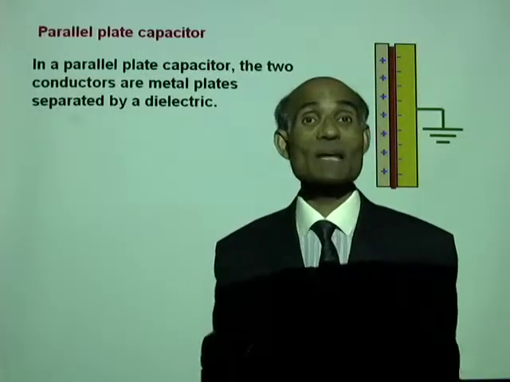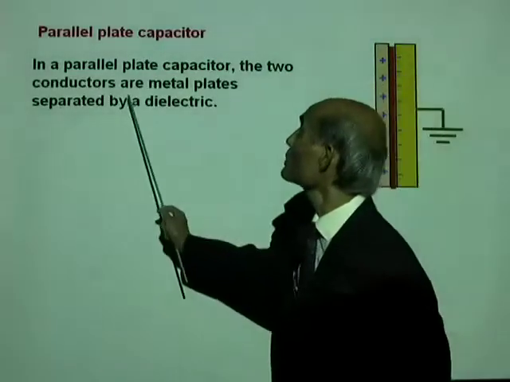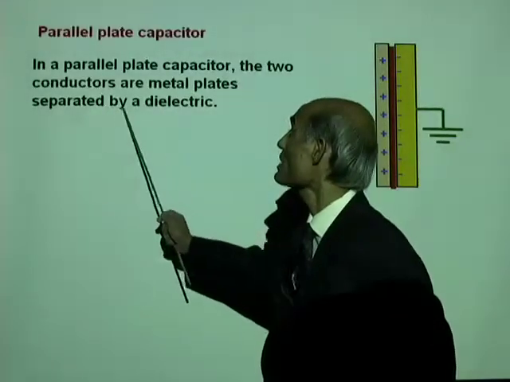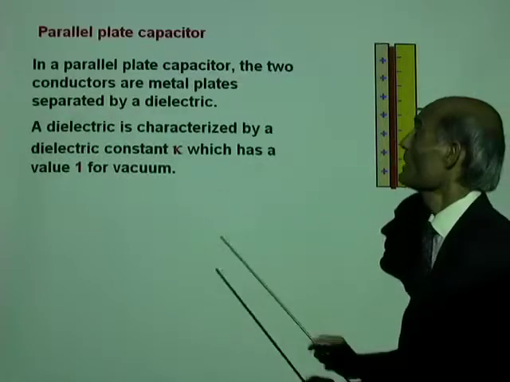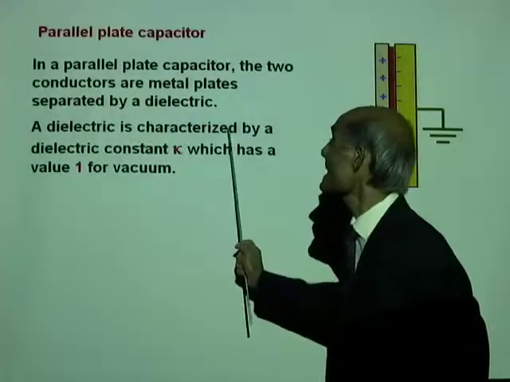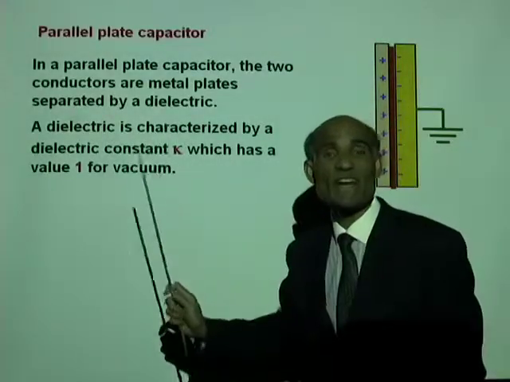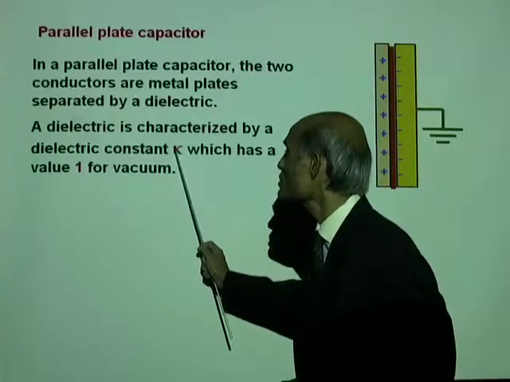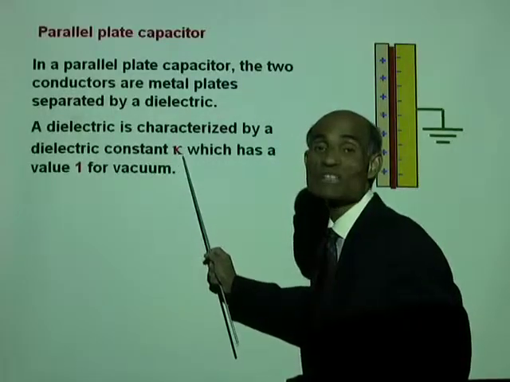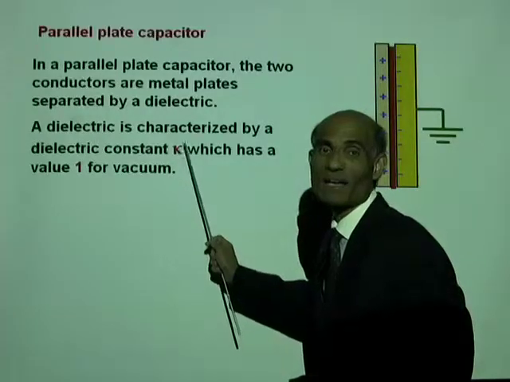In a parallel plate capacitor, the two conductors are metal plates separated by a dielectric. A dielectric is characterized by a dielectric constant, and we represent the dielectric constant by the lowercase Greek letter kappa. Kappa.